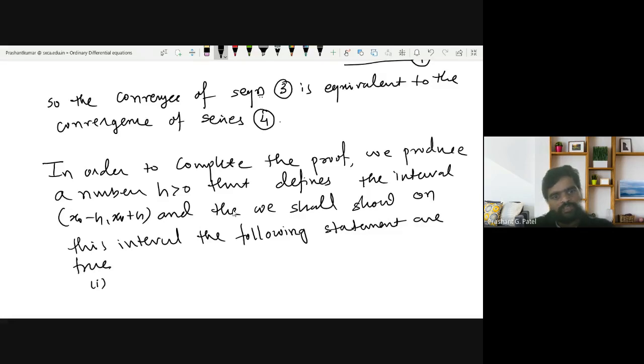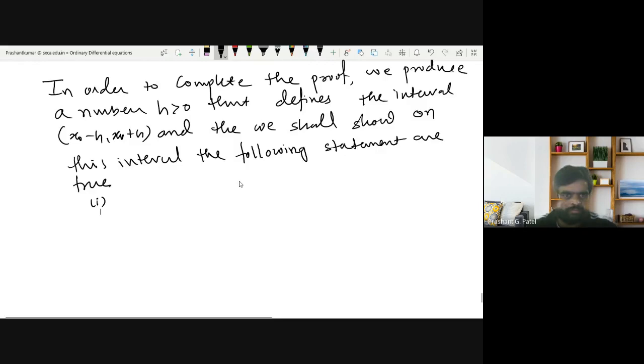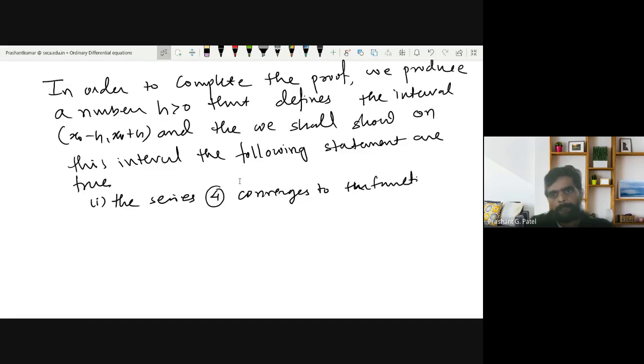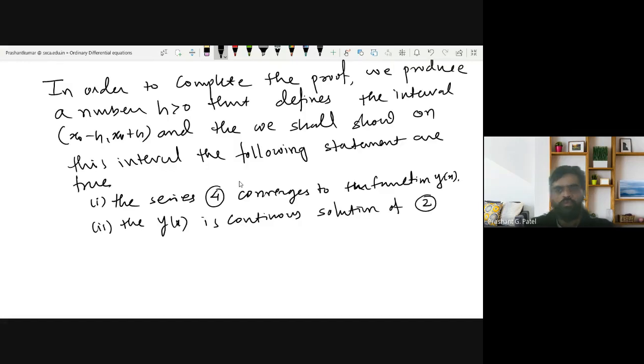So the first statement that I have to prove is that the series 4 converges to a function y of x. Second statement, the y of x function which we have here is a continuous solution of 2, which is the integral equation.